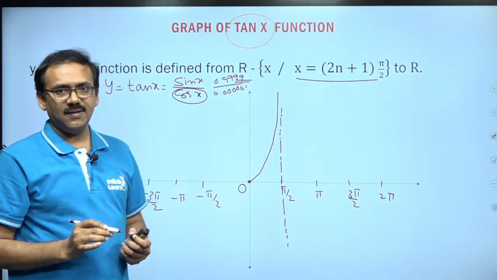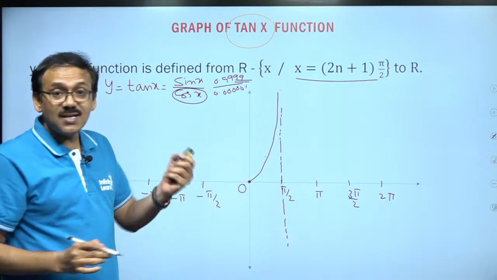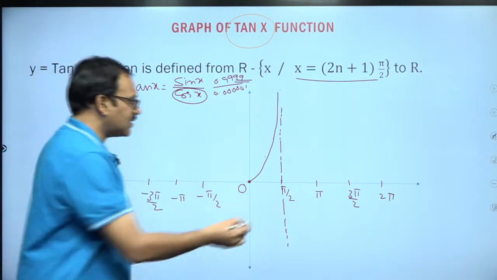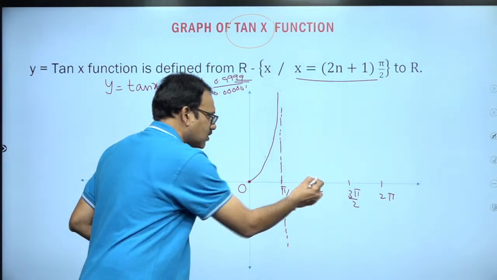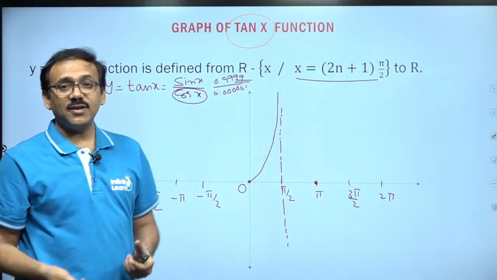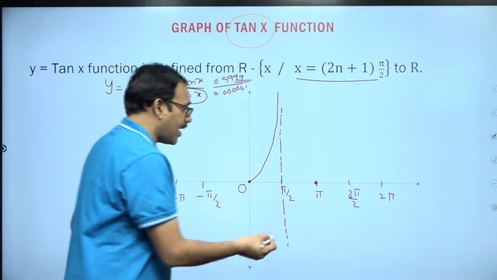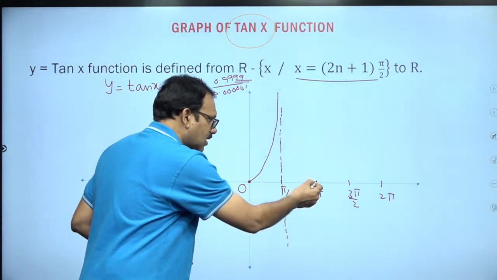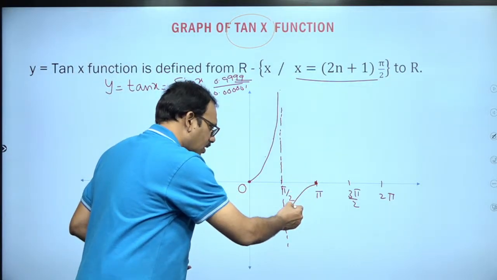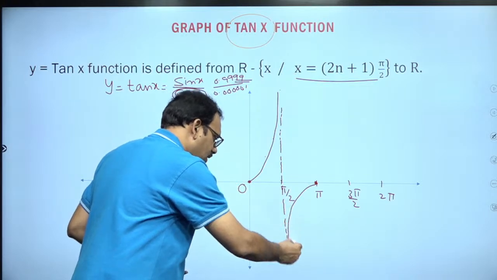One second. What is its behavior in second quadrant? At pi, tan becomes 0, undoubtedly second quadrant tan is negative, whereas when you come to this side, this will be negative at almost pi by 2 left side.